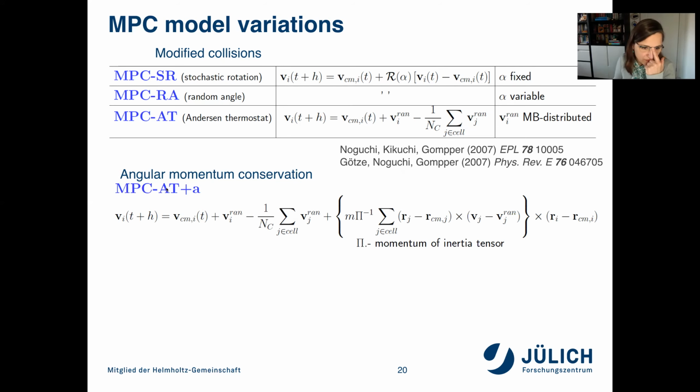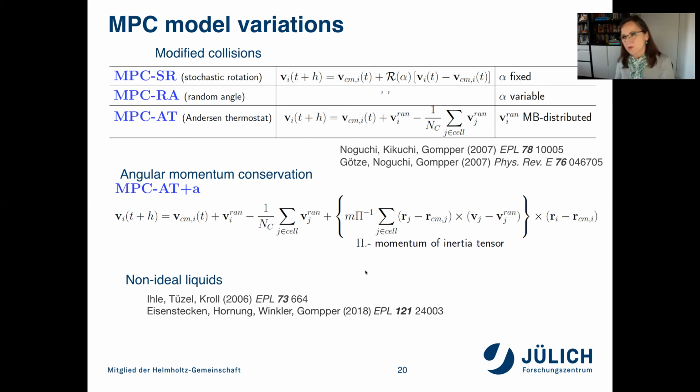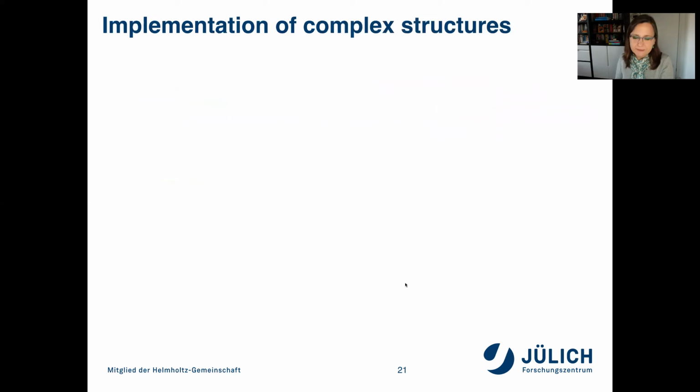And here you have the option of MPC with Anderson thermostat. And well, the methods with non-ideal liquids I've already mentioned. So there is plenty of literature to revise if you are interested.